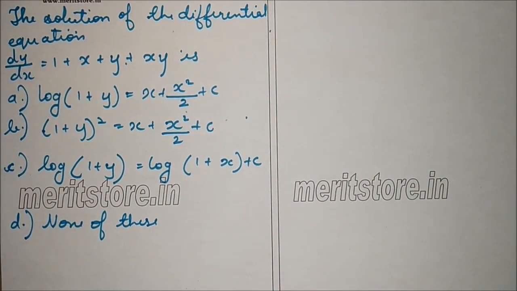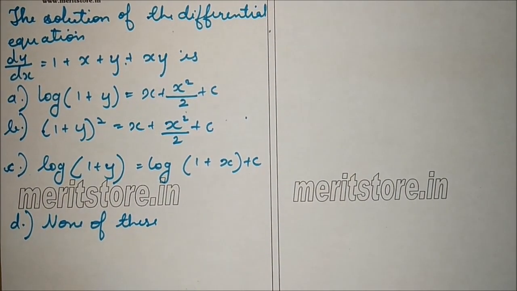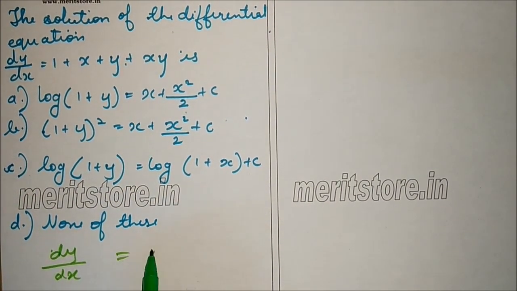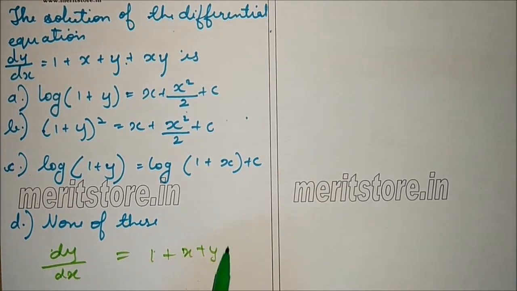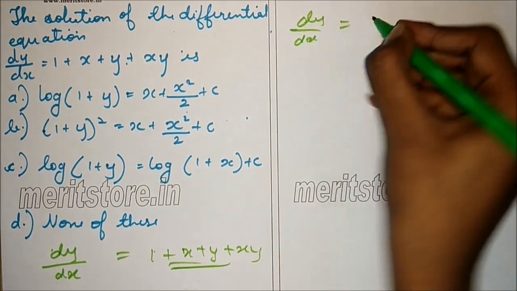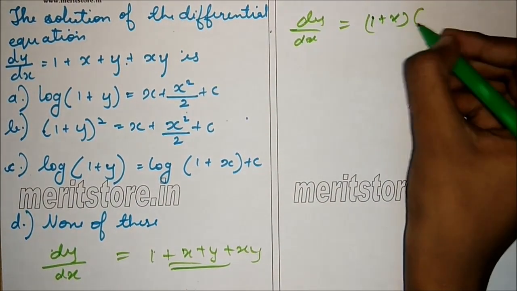Solution of the differential equation dy by dx equals 1 plus x plus y plus xy is, so given differential equation is dy by dx equals 1 plus x plus y plus xy. So this can be factorized as dy by dx equals (1 plus x) into (1 plus y).